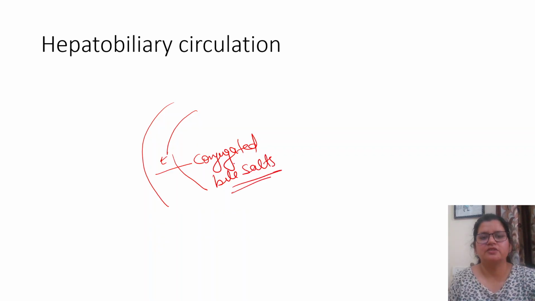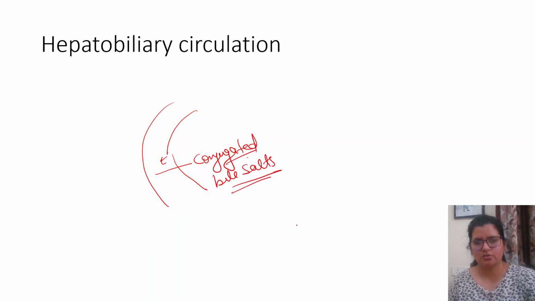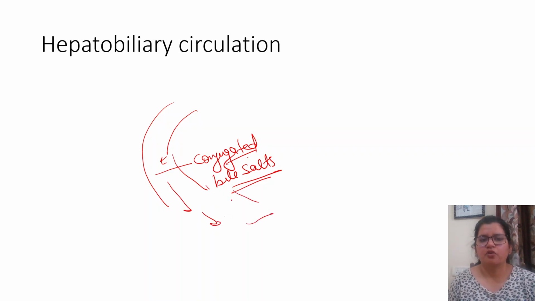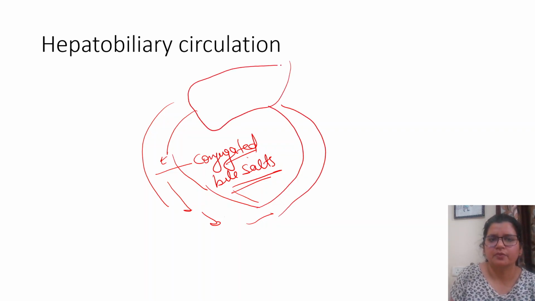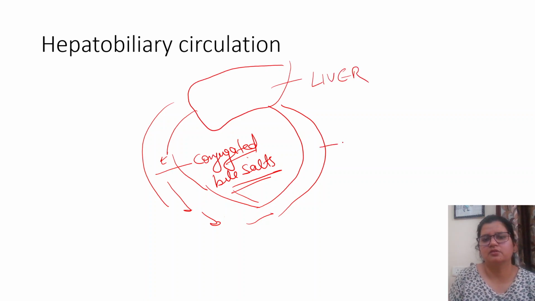In the next video we'll see what conjugated bile salts are, how bilirubin is metabolized, and what jaundice and the different types of jaundice are. Just briefly, I want to touch upon the fact that this conjugated bile salt, from your intestine, can re-enter via portal circulation to the liver. This is the liver, and this is the portal circulation, the portal vein.